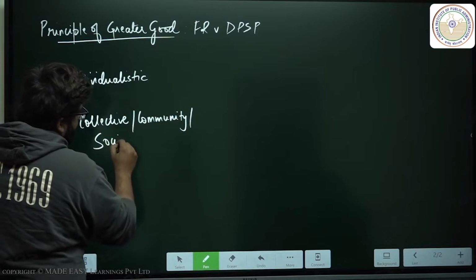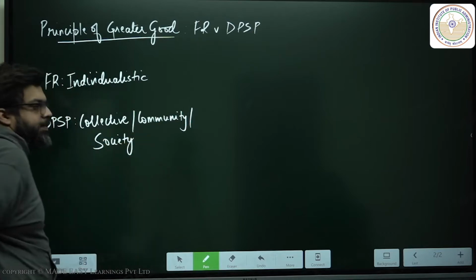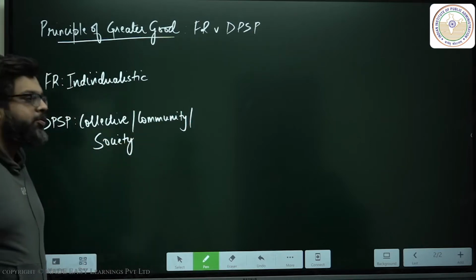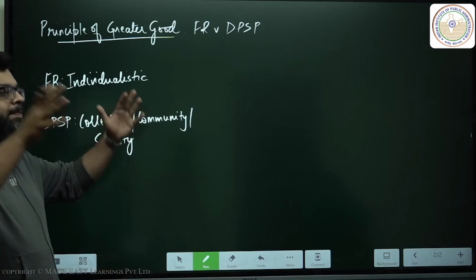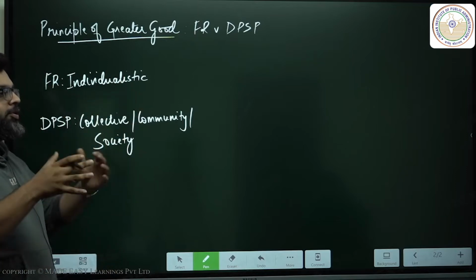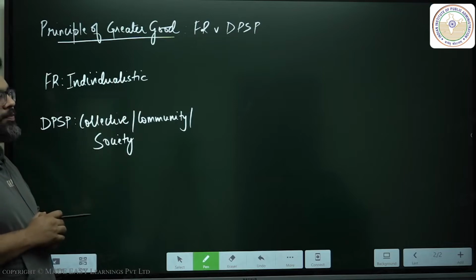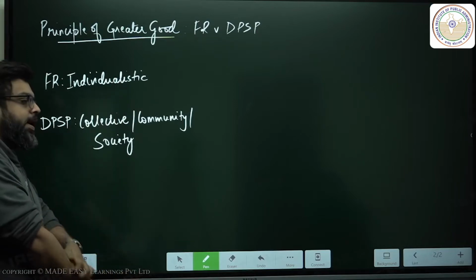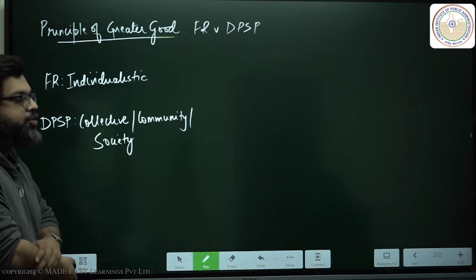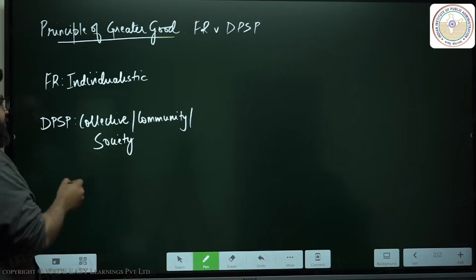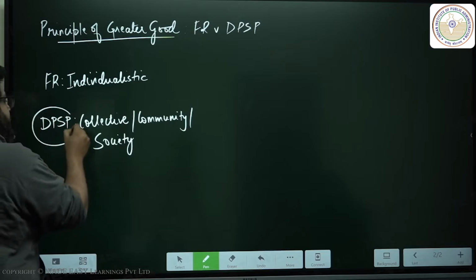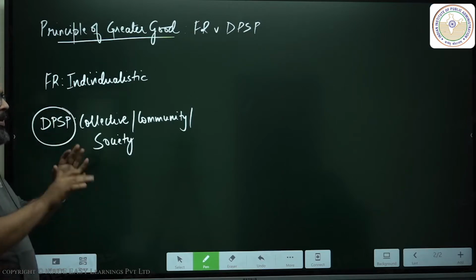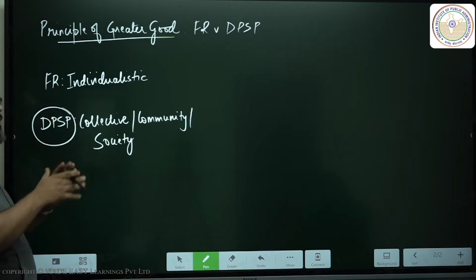And therefore, directive principles are supposed to help the people at large, the society at large. And if directive principles are supposed to help the people and help the society at large, and if the government wants to implement a directive principle, there is no obligation, there is no compulsion.